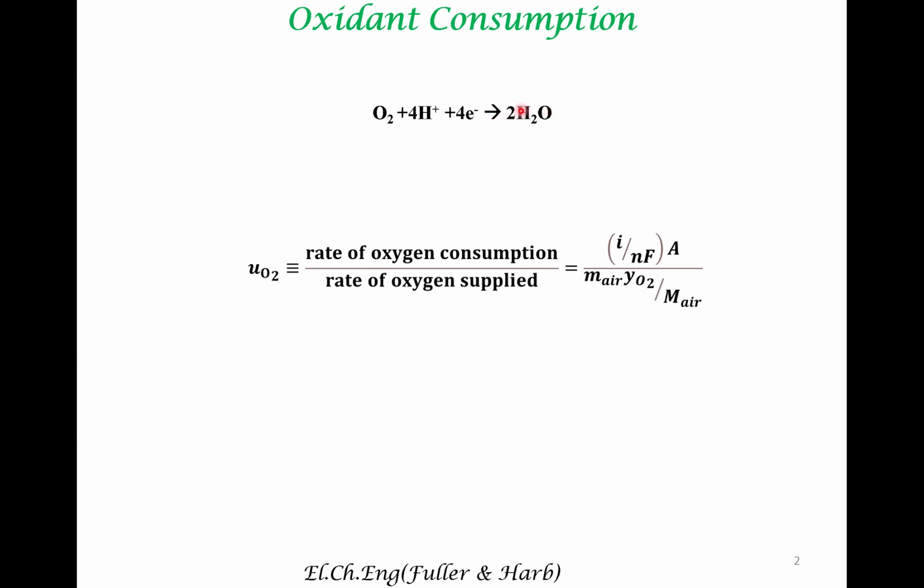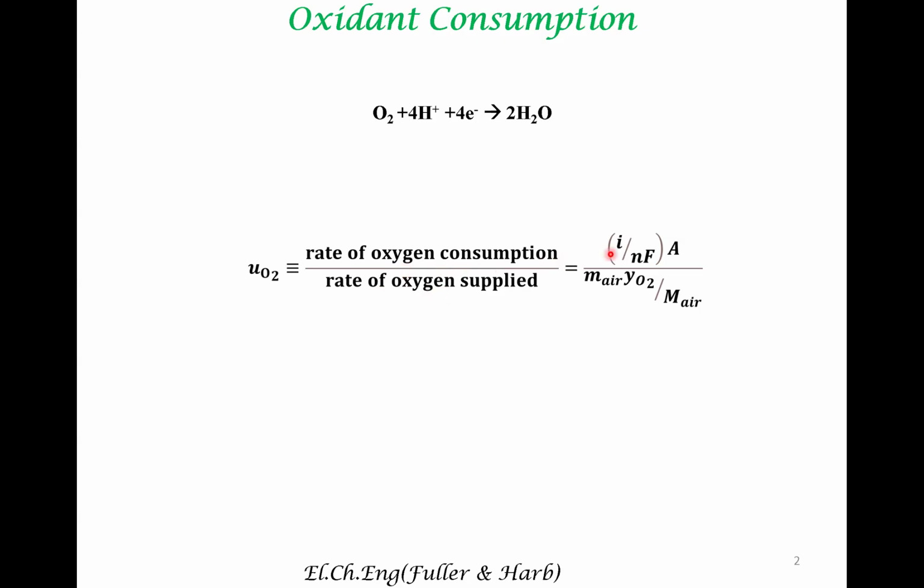It will lead to H2O, which may be in the vapor phase or as a liquid product, depending upon the type of fuel cell. U indicates utilization. The utilization of O2 is given by this formula, rate of oxygen consumption divided by rate of oxygen supplied.